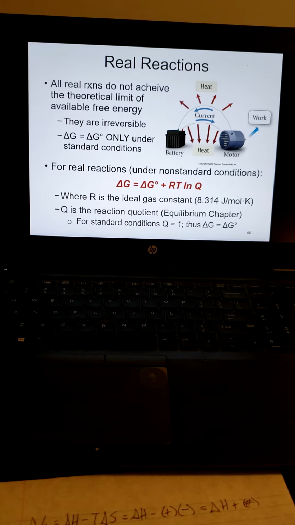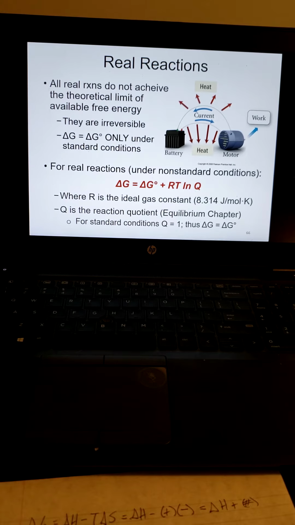Now, if standard conditions are occurring, then Q is going to be 1, because all of your concentrations would be 1. And I don't care what your coefficients are, 1 raised to any power is 1. So Q is going to come out to be 1.